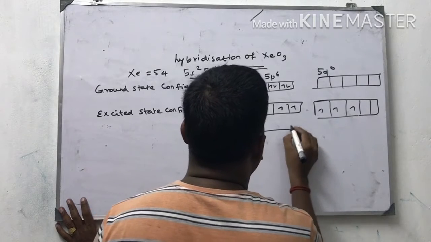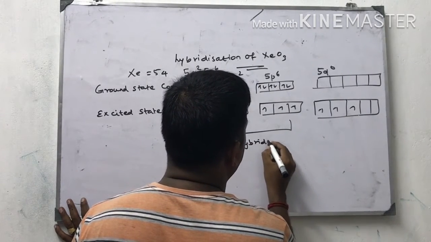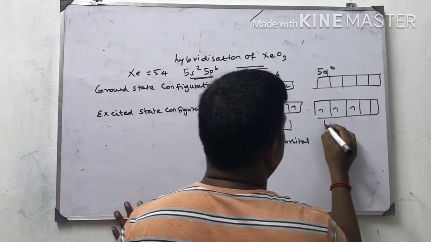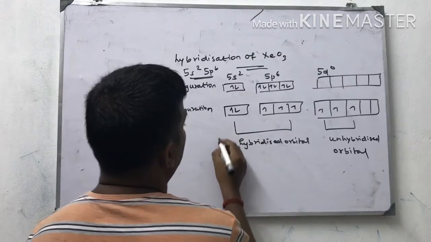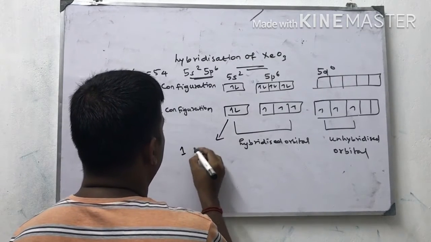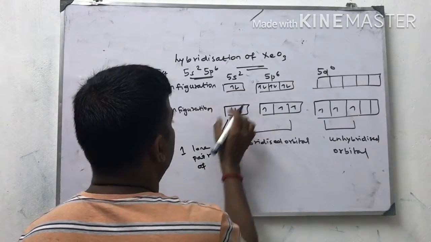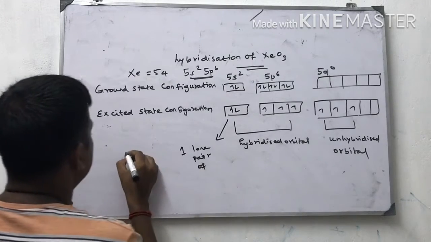Here these are hybridized orbitals, and these 3 are unhybridized orbitals. One lone pair of electrons. This lone pair of electrons is not involved in any type of chemical bonding.